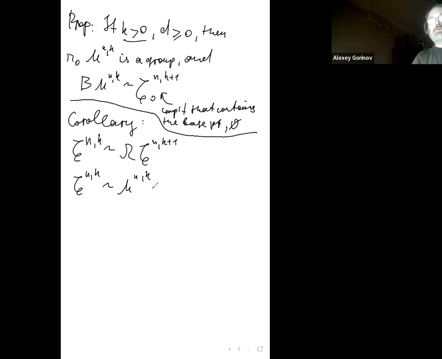Now this is the same as Ω B M_χ. Let me put just homotopy equivalences here to make the notation consistent with what we've been using so far.